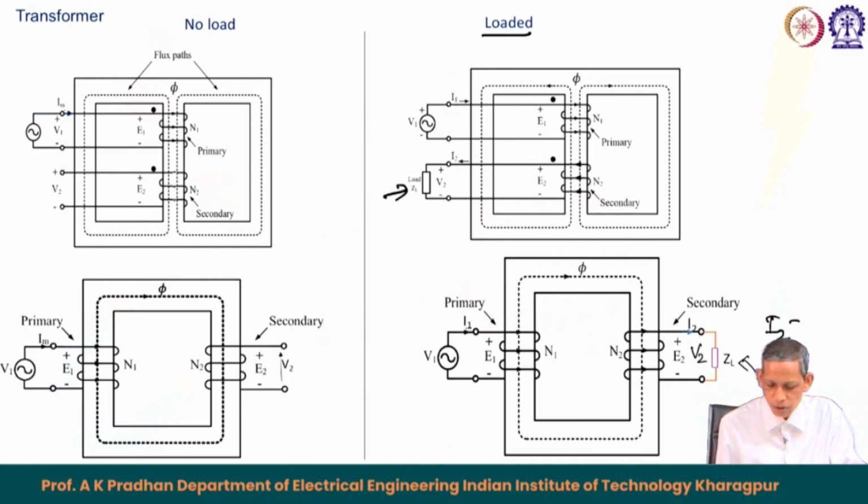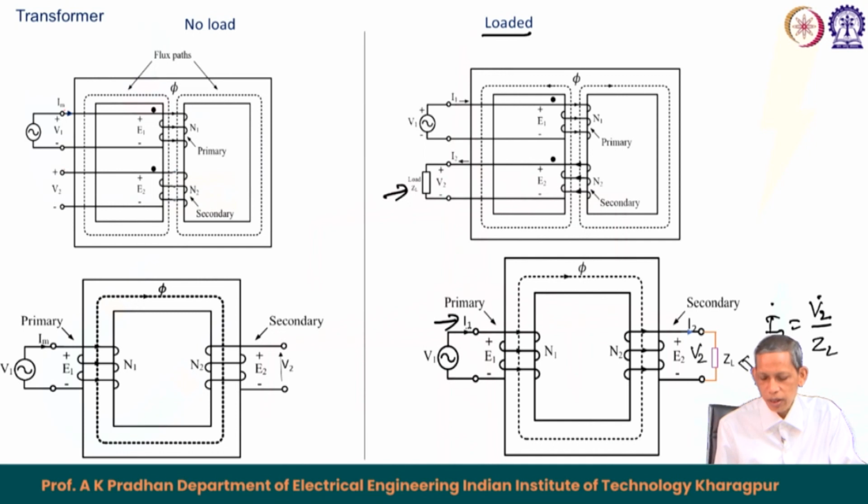So, I 2 equals V 2 upon Z L, in phasor terms V 2 phasor upon Z L, and that results in a current I 2. There will be a change in the primary side current as well, and that current becomes I 1. So, this is about the loaded condition.